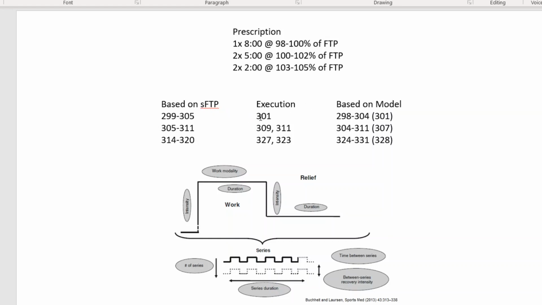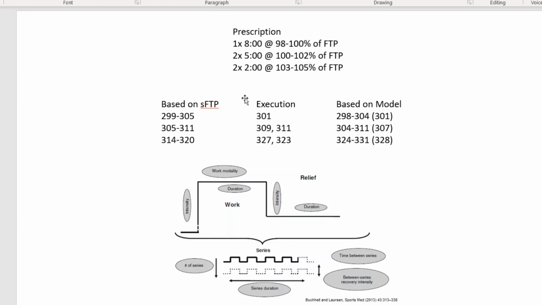The athlete executed the 8-minute at 301 watts. That works in both cases. And the execution of the 5-minute intervals were 309, 311 watts. Again, works pretty good.